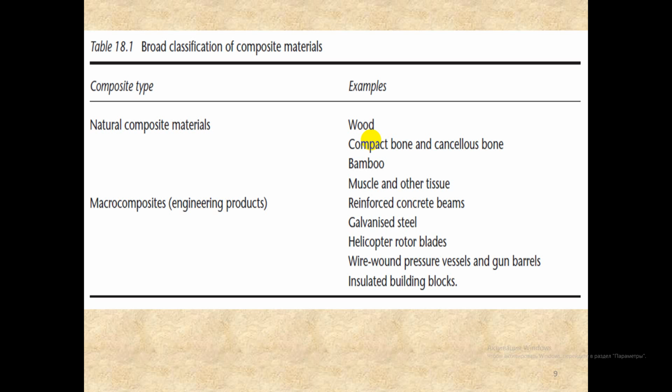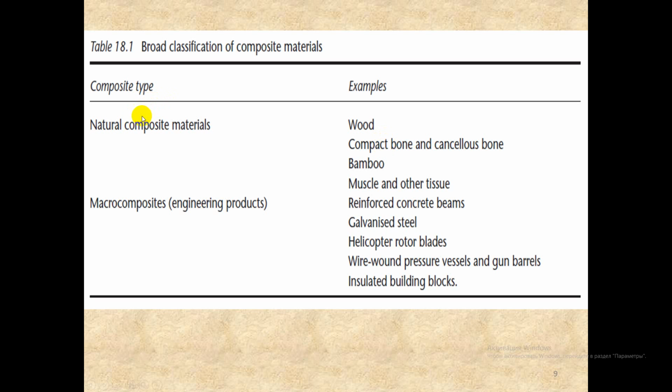Plywood and glue-laminated beams are examples of lamellar composites used in construction. Examples of different composite geometries will be discussed next.